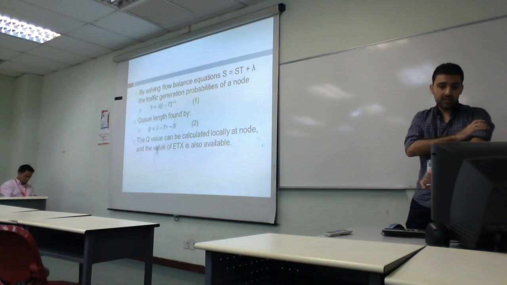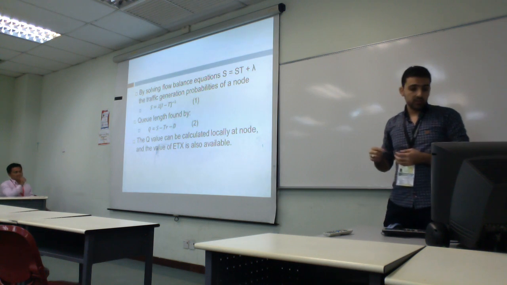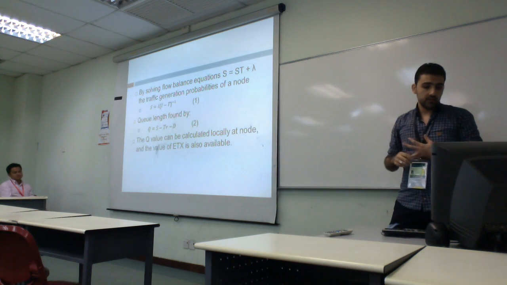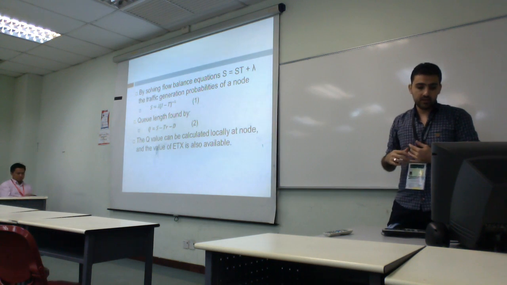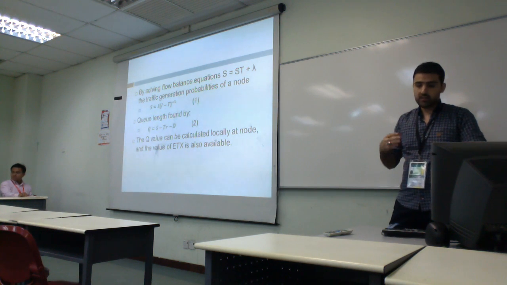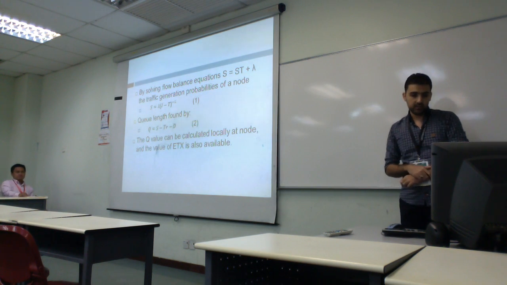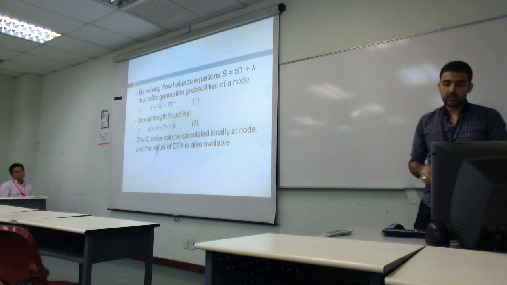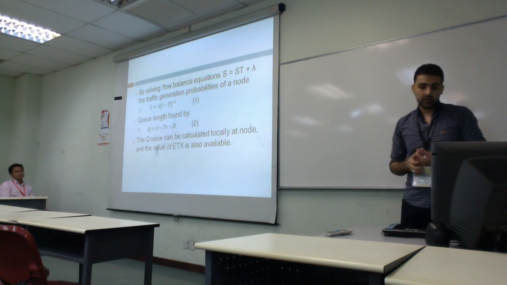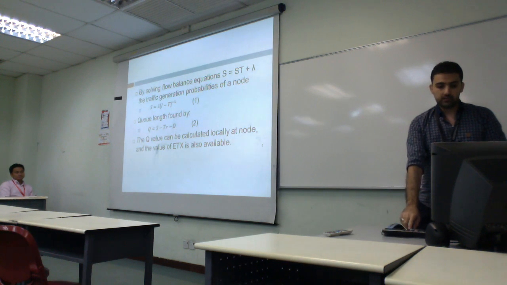This equation has the solution as we can see in 1, and using it we can find the Q length as Q equals S minus TR minus D, where S is the summation of the data generated and forwarded, TR is the transmitted data, and D is the dropped packets. Then, as we can see from 2, the Q length can be calculated locally at the node, and we can also find the value of ETX.